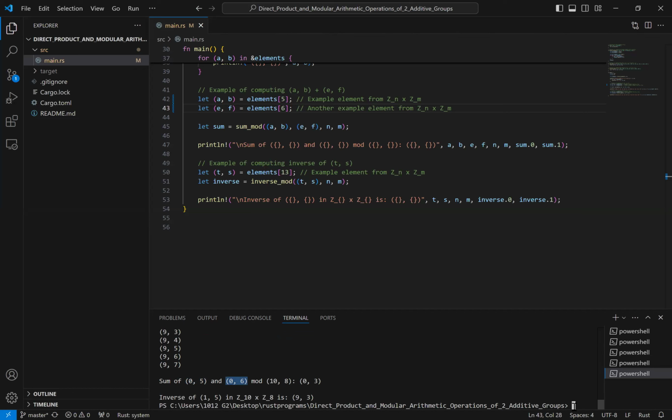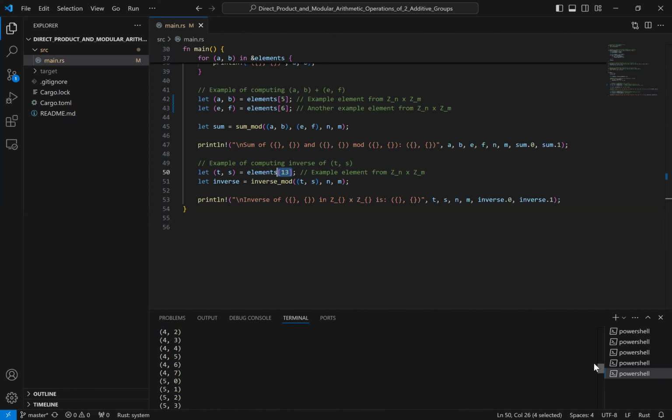I think I'll look at why it's not counting this first element. Then again, for the inverse, you tell it what you want. For instance, in this case, I've said TS should be the 13th element, beginning from the first element.